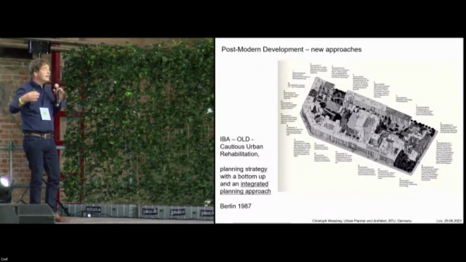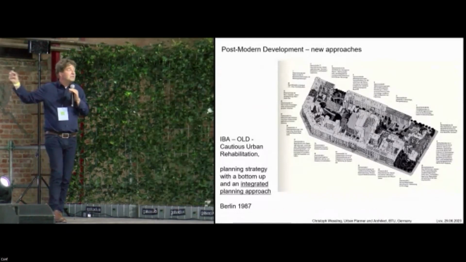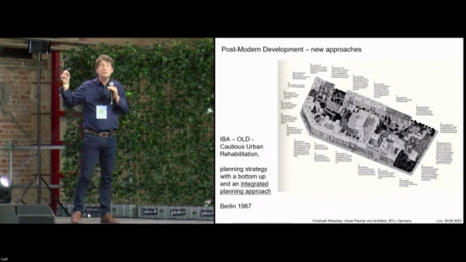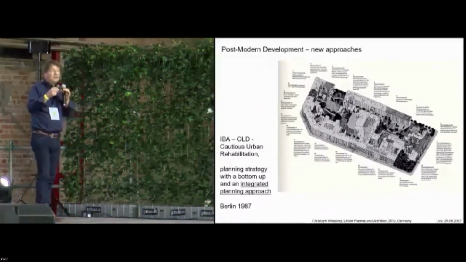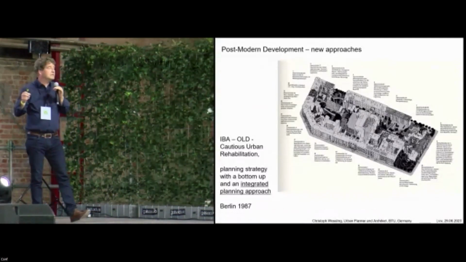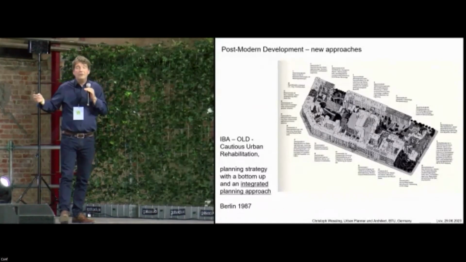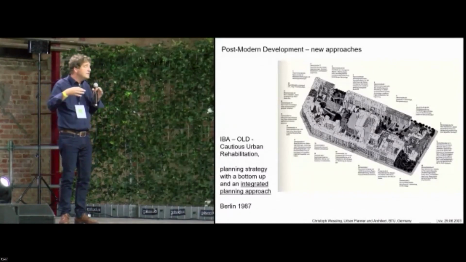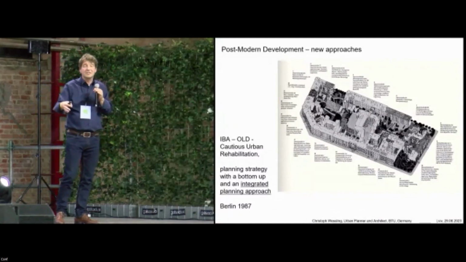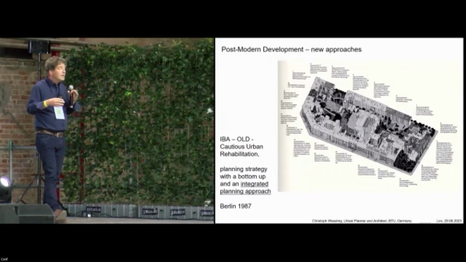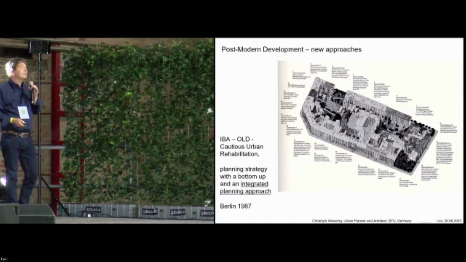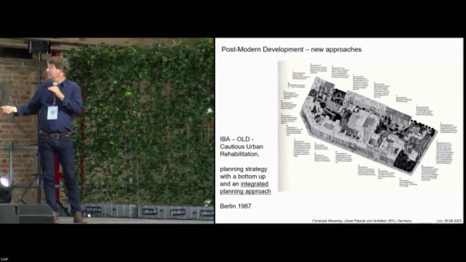Instead, having guidelines, having a vision, having principles for the development, and then plot by plot, house by house, finding the best solution concerning the needs of the people living there, the potential of the building, the situation of the building, how the people who were living there can participate in the process, etc. So plot by plot, very individual, but not isolated, under the frame of these 12 principles.